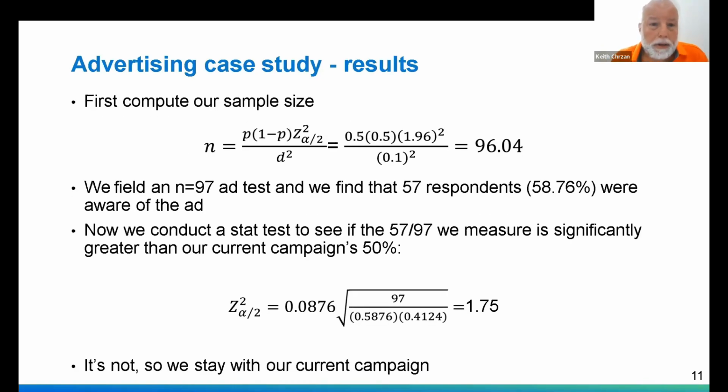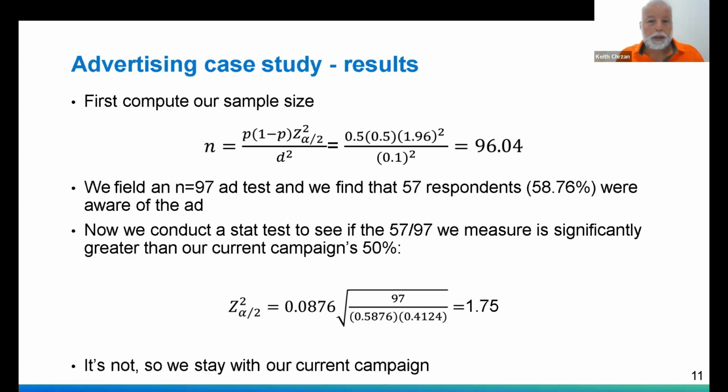So they diligently use the sample size formula we just showed. They plug in the appropriate numbers, and they end up with a sample size of 96.04. So they round that up to 97. They field an ad test, and they found that 57 of the respondents, that's 58.76%, were aware of the ad.